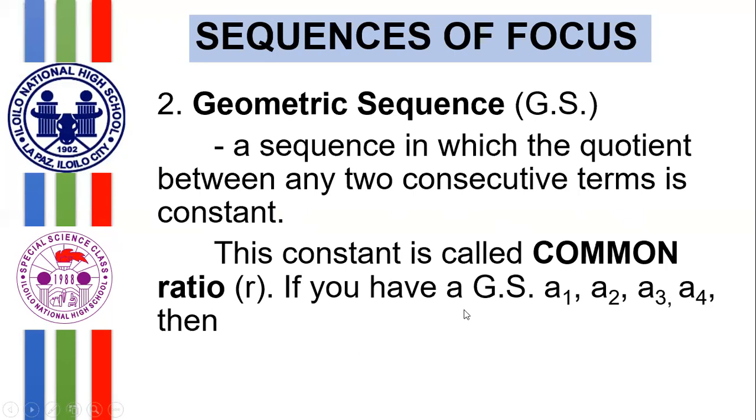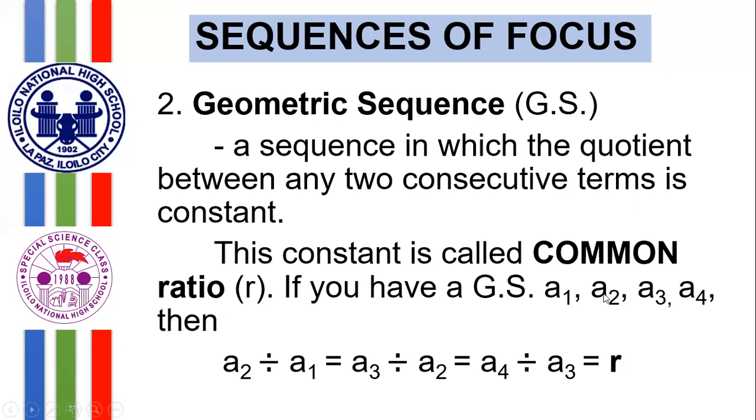For example, if you have a geometric sequence with terms a sub 1, a sub 2, a sub 3, a sub 4, then if you divide the second by the first, the third by the second, and the fourth by the third, you will get a real value constant number, which is your common ratio, denoted by the small letter r.